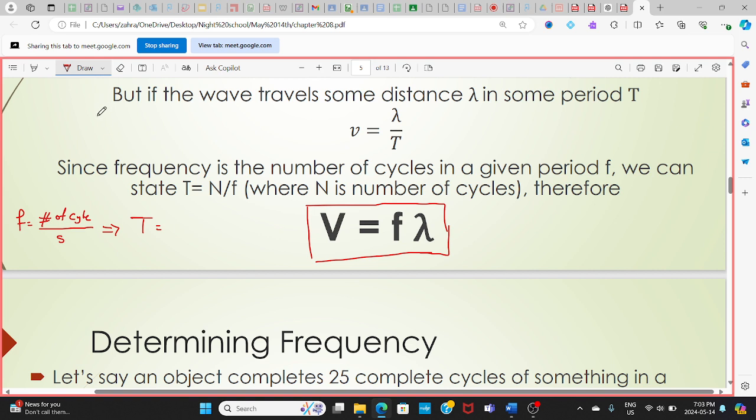Let's just look at this. I'm going to adjust this one. T is equal to 1 over frequency. And the number of cycles is going to be frequency multiplied by seconds, right?